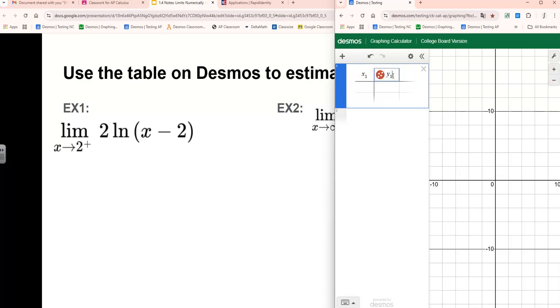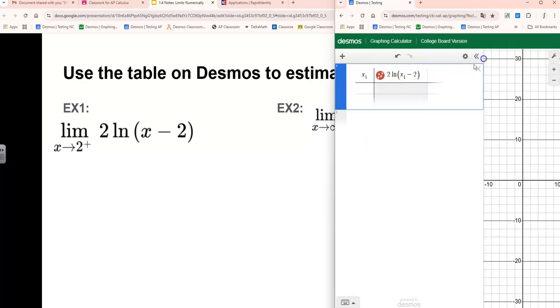I'm going to go over here, and instead of y1, I'm going to type in 2 natural log of x. Oh, I did the 1 in there. Natural log of x1 minus 2. Right there. And then I want to look at what happens as x approaches 2 from the right.